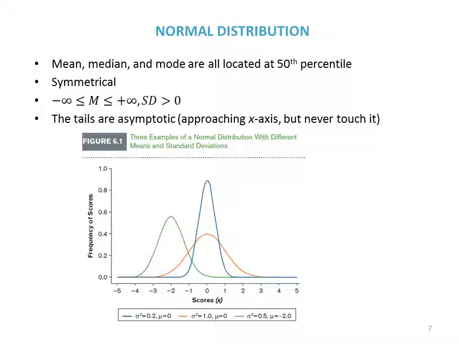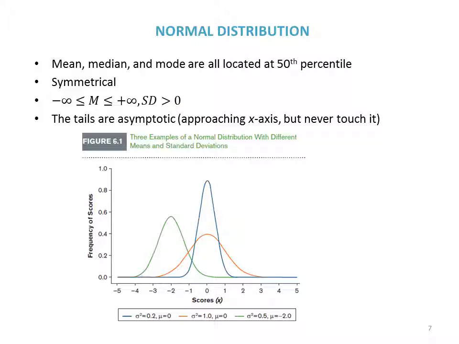That means the distribution of data above the mean is exactly the same as those below the mean. A normal distribution is defined by 2 parameters, the mean and the standard deviation. The mean can equal any value from positive infinity to negative infinity, and the standard deviation can be any positive value.